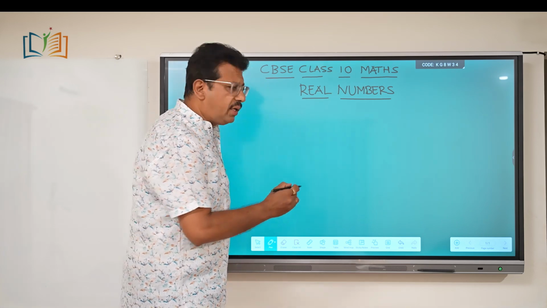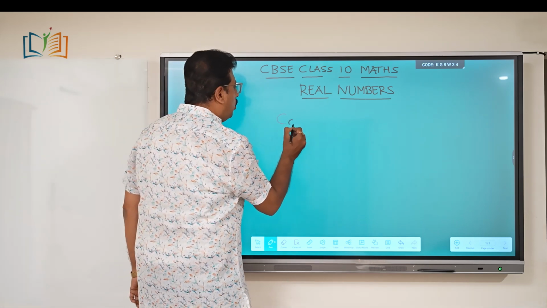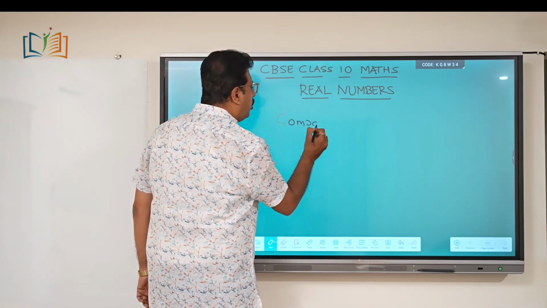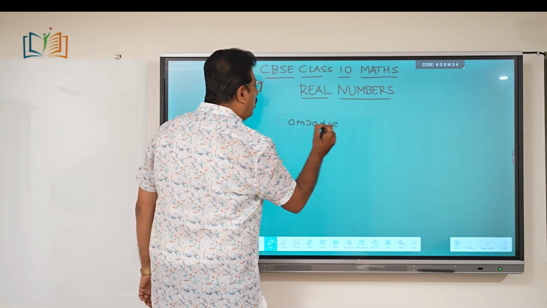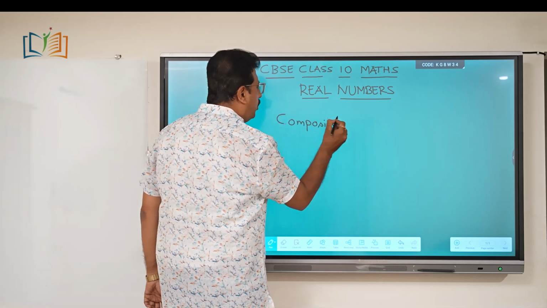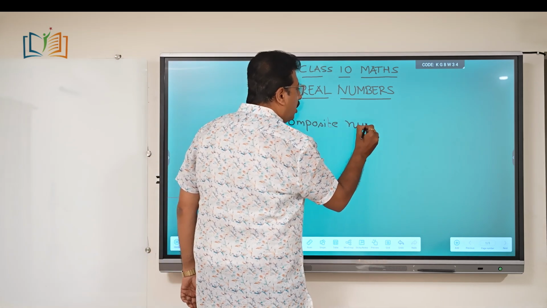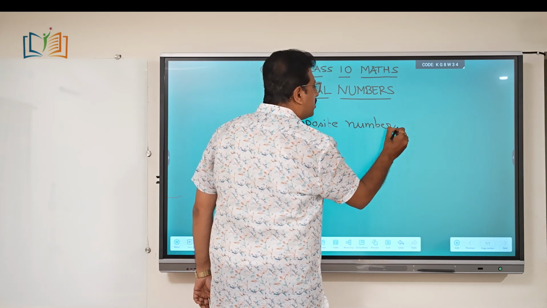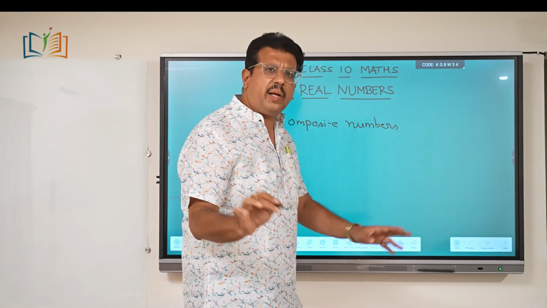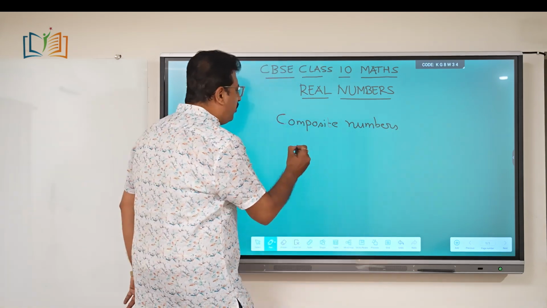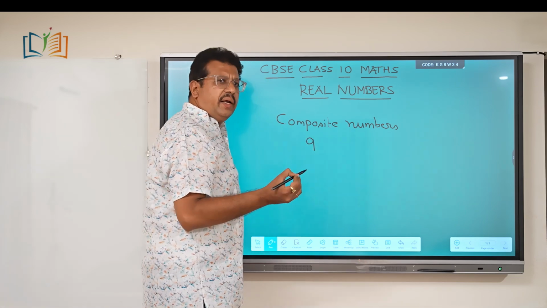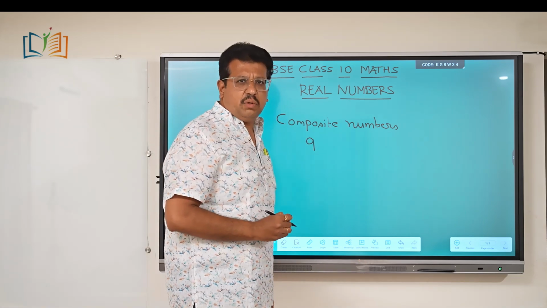That is composite numbers. So what do you mean by composite numbers? Composite numbers are those which are not prime numbers. For example, if you take 9, 9 is not a prime number.